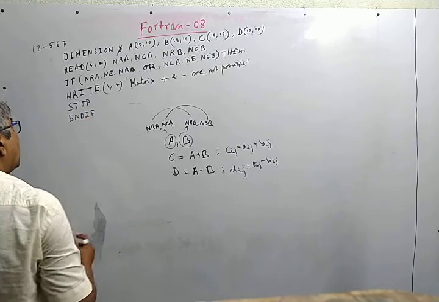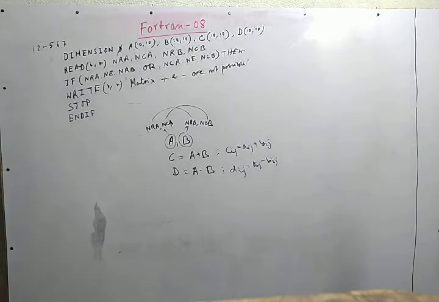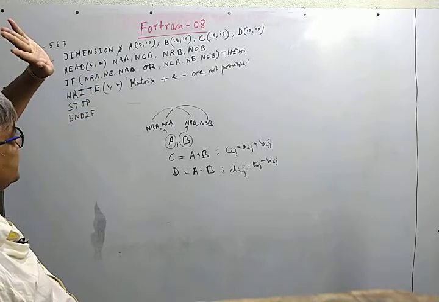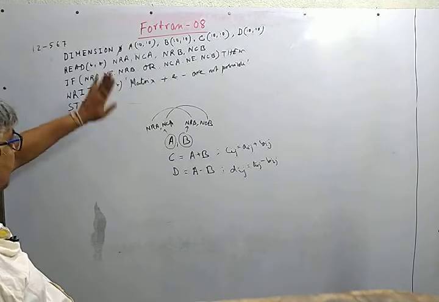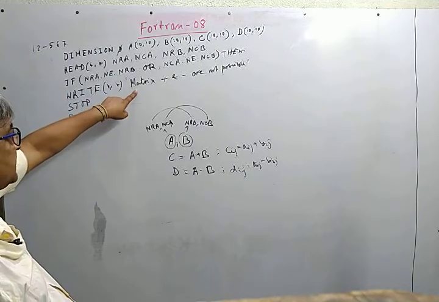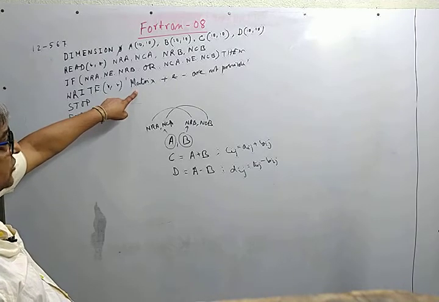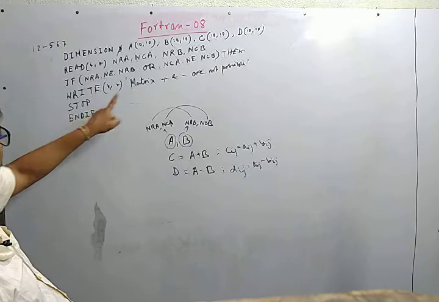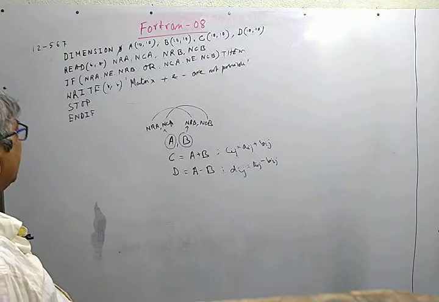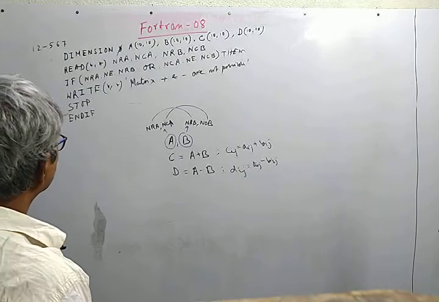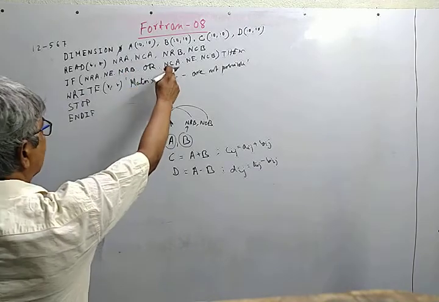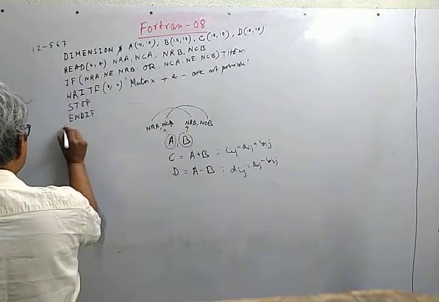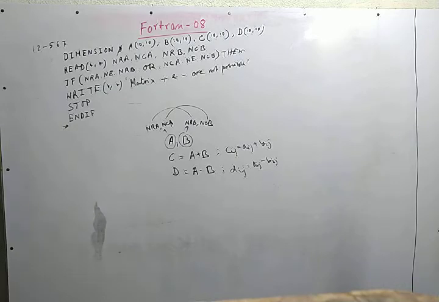So this part of the program first checks whether the two matrices A and B have the same dimension or not. If not, it just gives you the message that the matrix addition and subtraction are not possible, and the program stops over there. And if this condition is satisfied, that is NRA equal to NRB together with NCA is equal to NCB, program comes to this line.